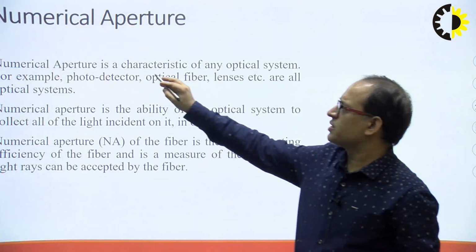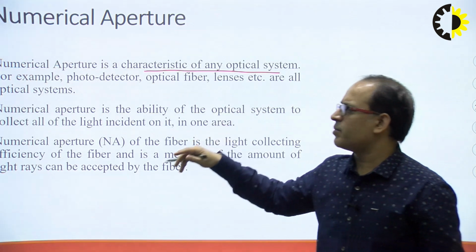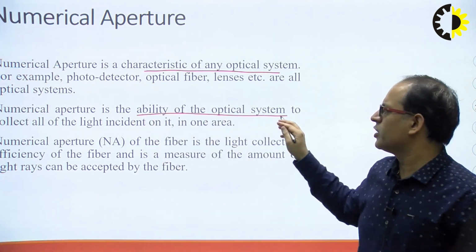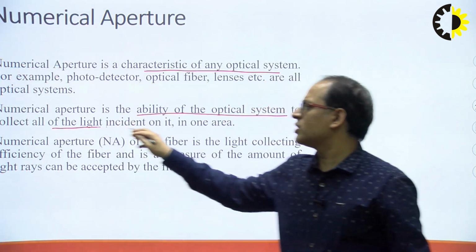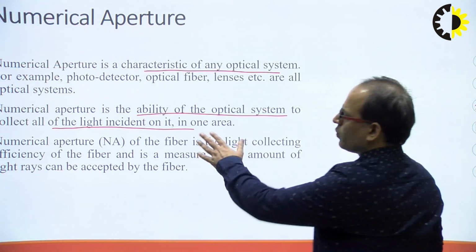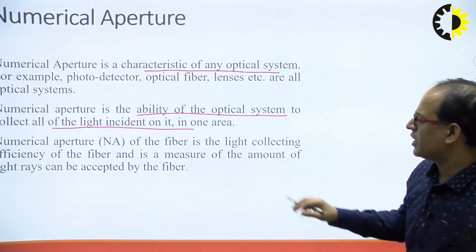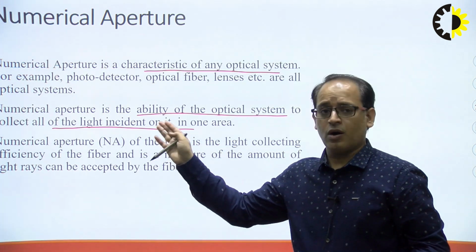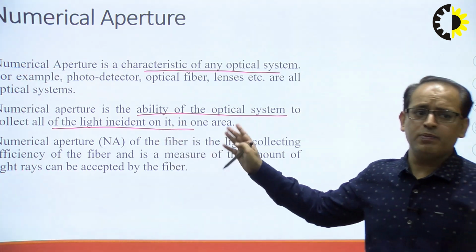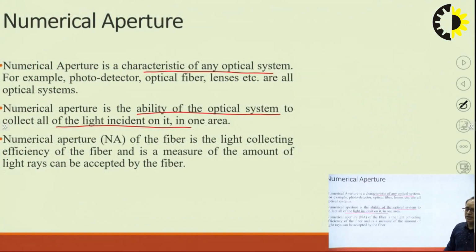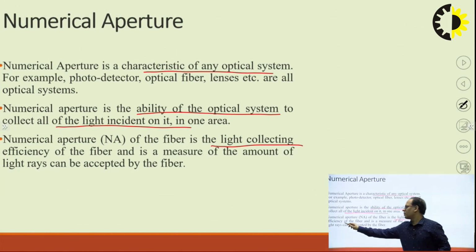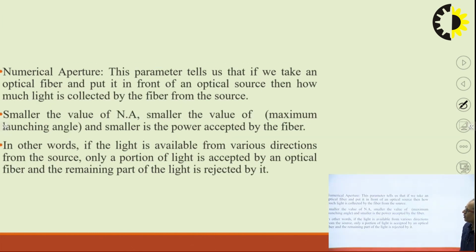So numerical aperture is the characteristic of any optical fiber cable, describing the ability of the optical system to collect all the light incident on it in one area, so that the light will be accepted by the optical fiber cable and perform total internal reflection. That is, it is the light gathering ability of the fiber. Clear?